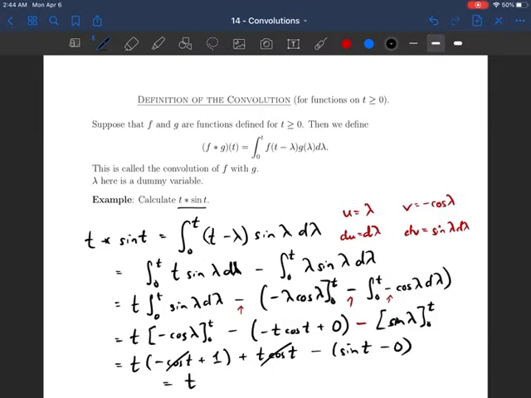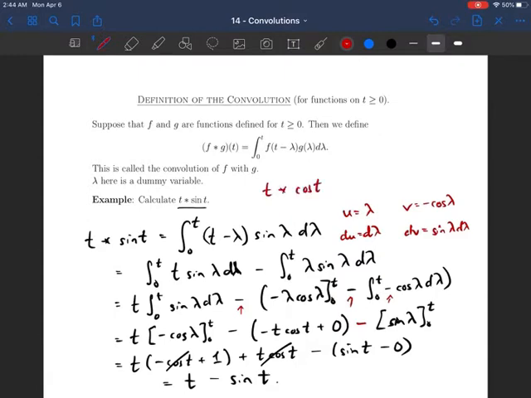And what does that leave us with? That's going to leave us with a t and a minus sine t. There we have it. So it turns out that the convolution of t with sine t is t minus sine t. I guarantee you that is not how it always works out.